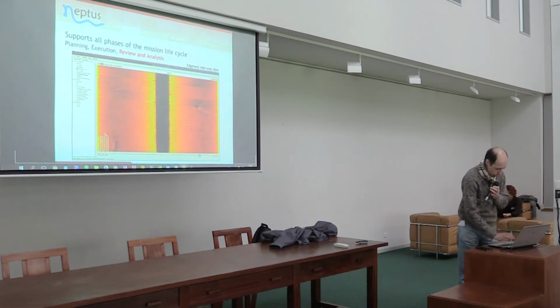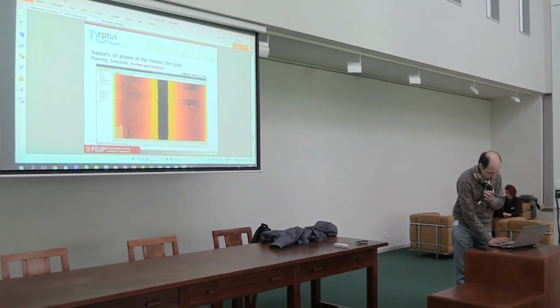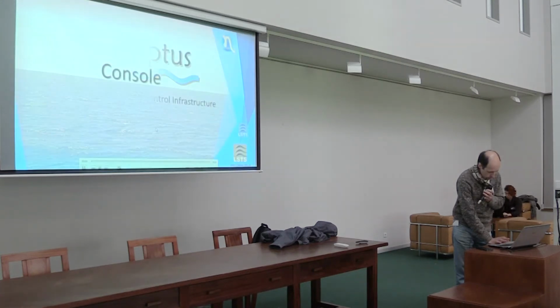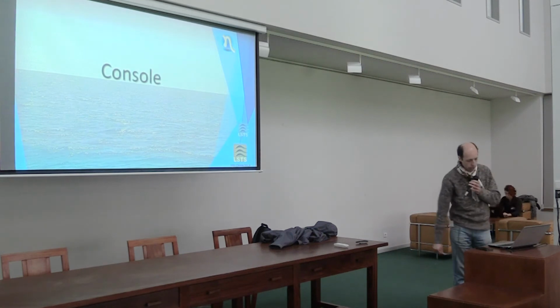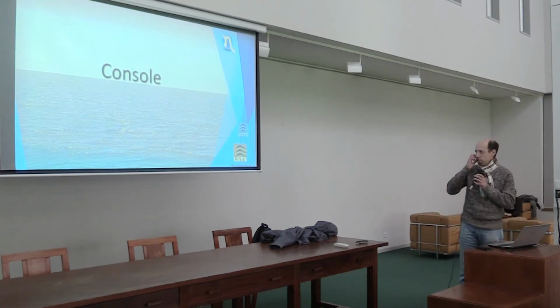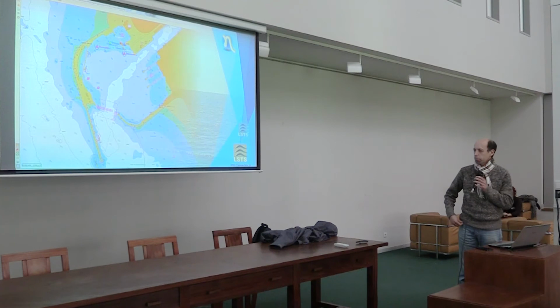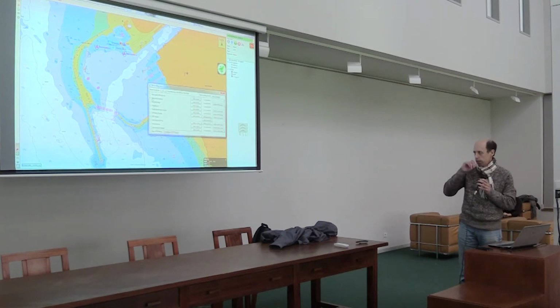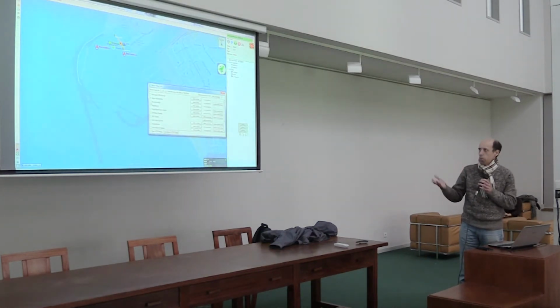So I'm going to show you a little bit of it running, so you can see it more clearly. A typical console is the base where you start to use the toolchain. This is a map where you can choose the layers that you want to see.